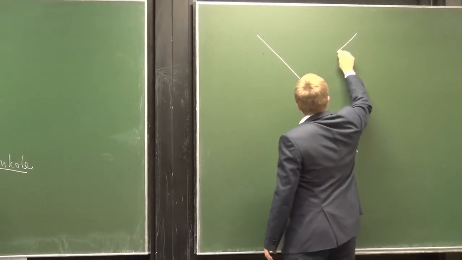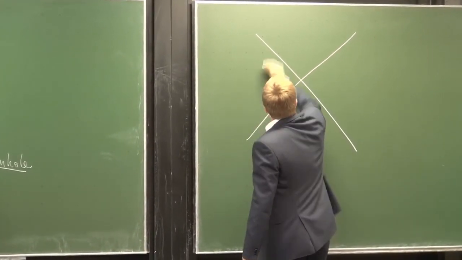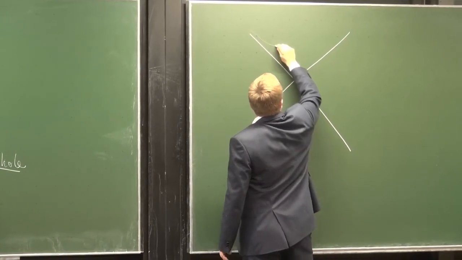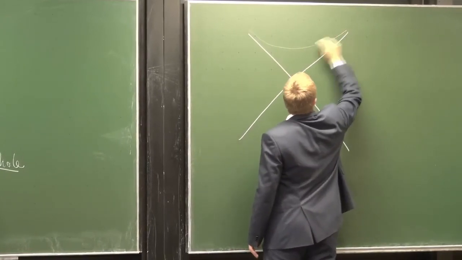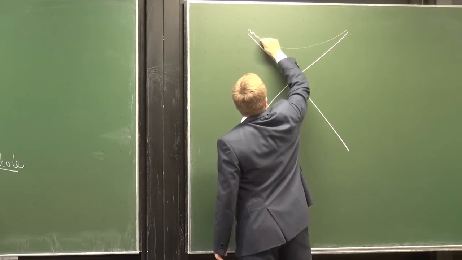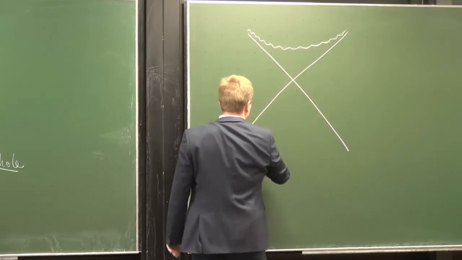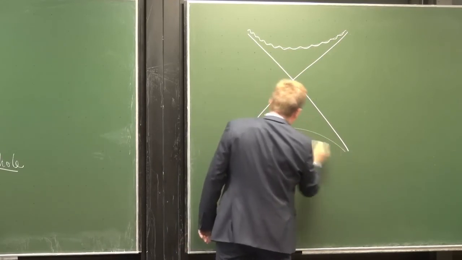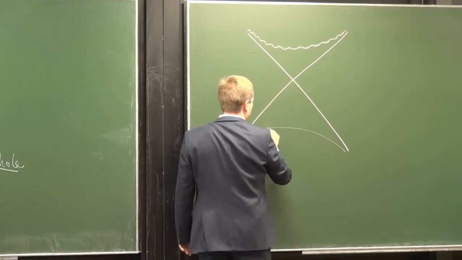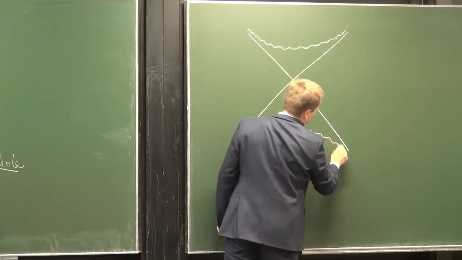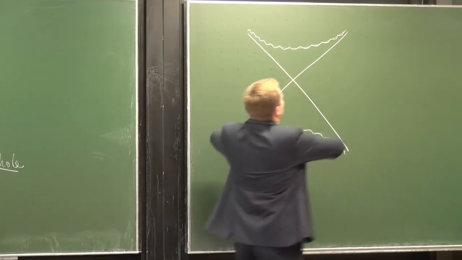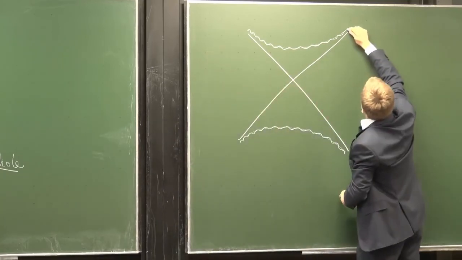So the Kruskal picture looks like this. There the singularity, so there is here a hyperbola, and the singularity lies here. And so that's really the Kruskal coordinates, and the singularity lies here. And this extends everywhere, right?